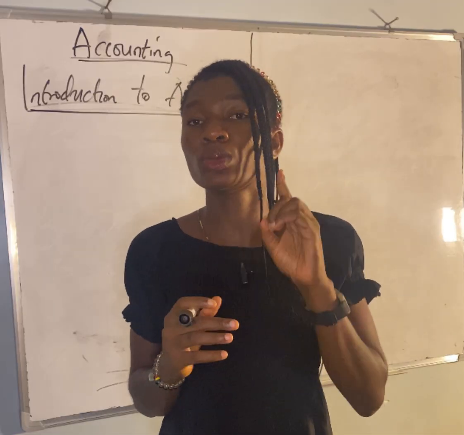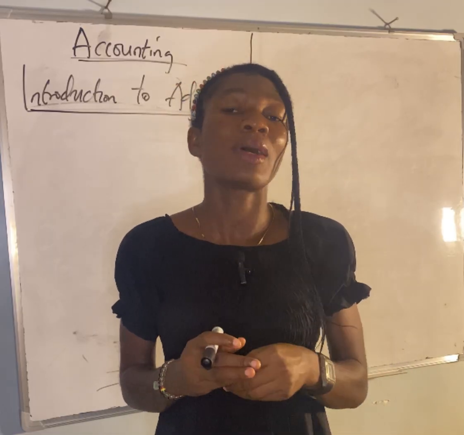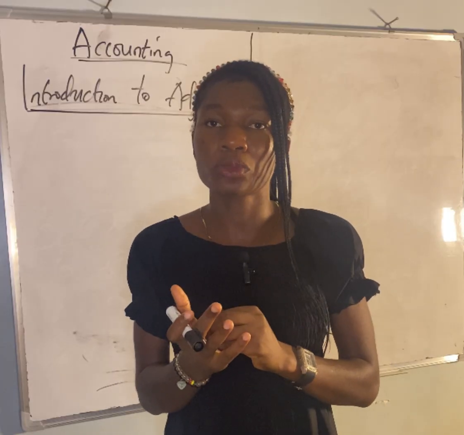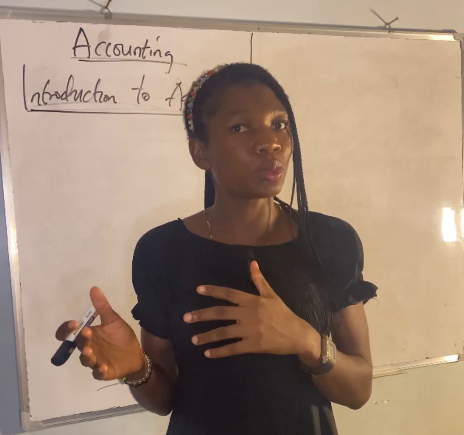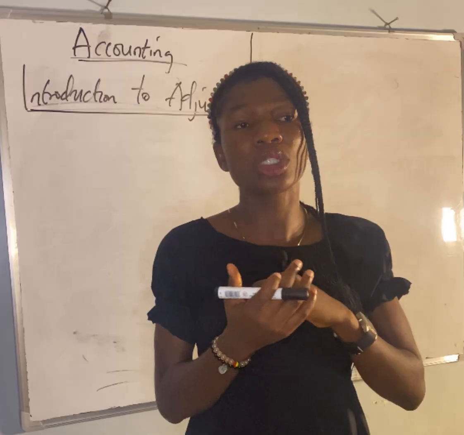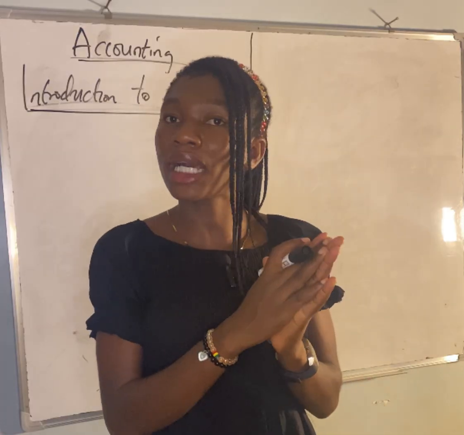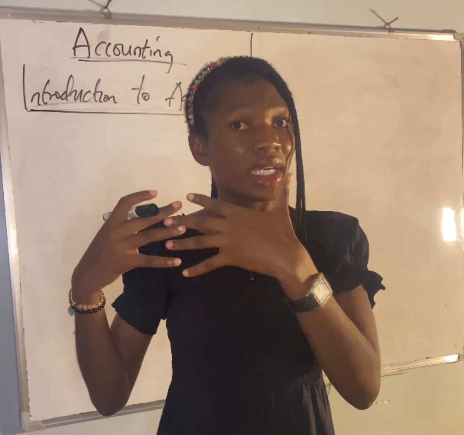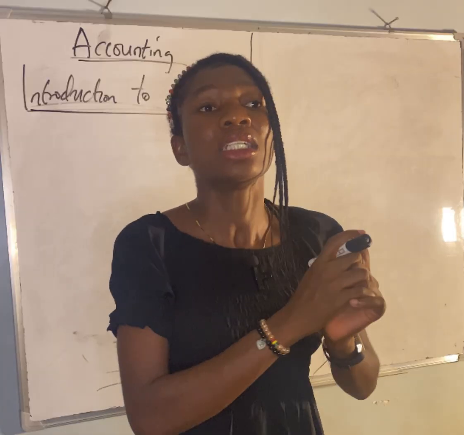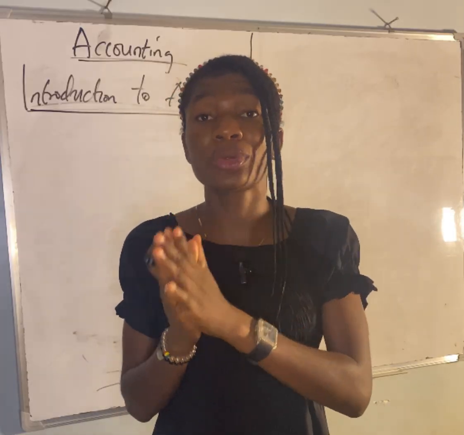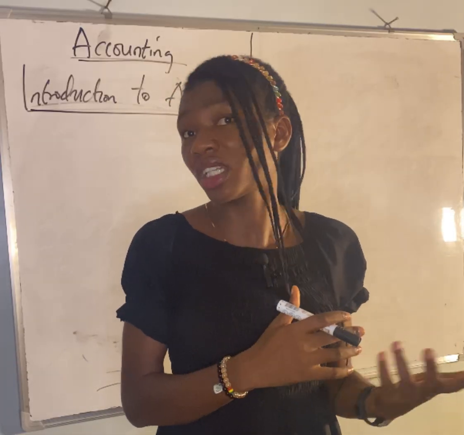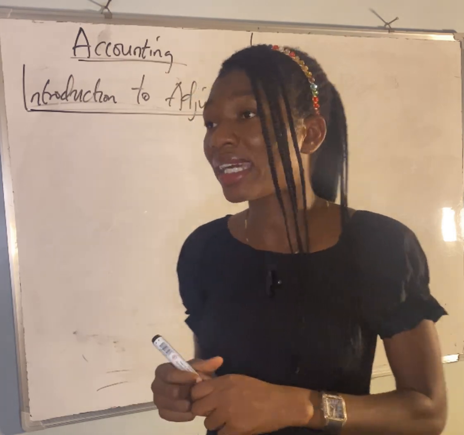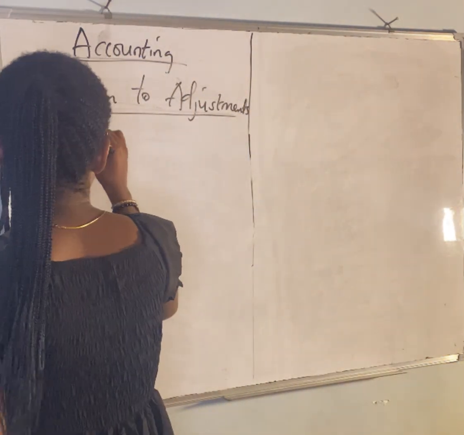The only adjustment we'll be doing apart from closing stock is adding accrued income or accrued expenses, or we can even do both. Then we'll see how we prepare the statement of comprehensive income and the statement of financial position. So today we're looking at our first adjustment.